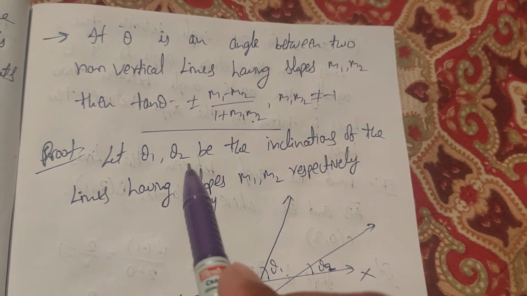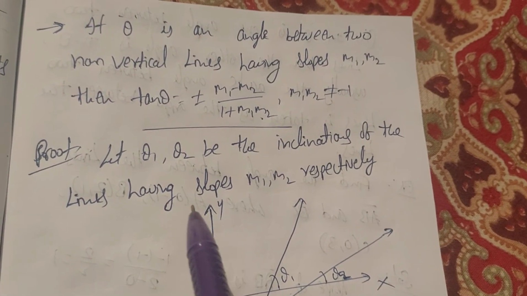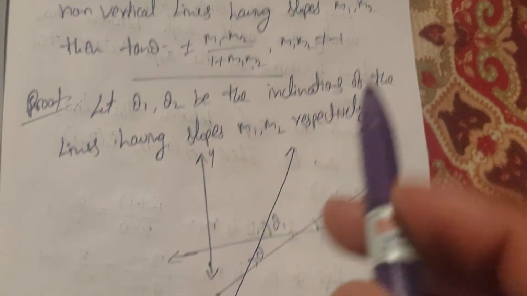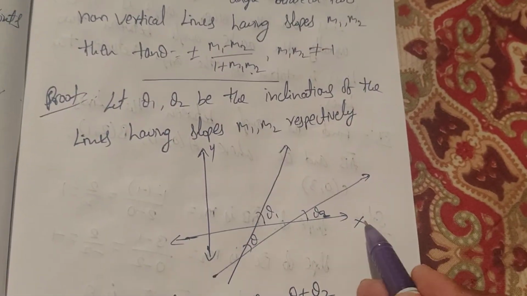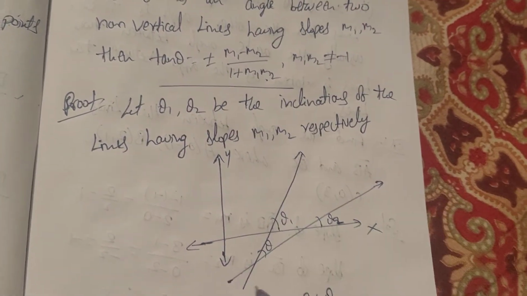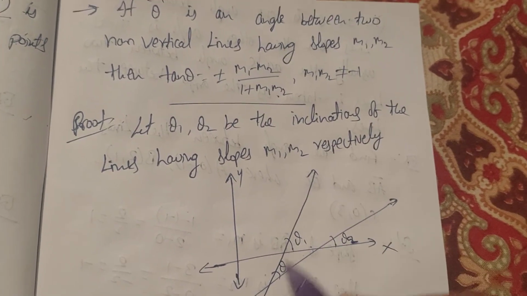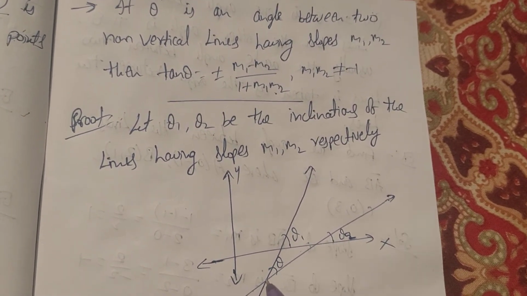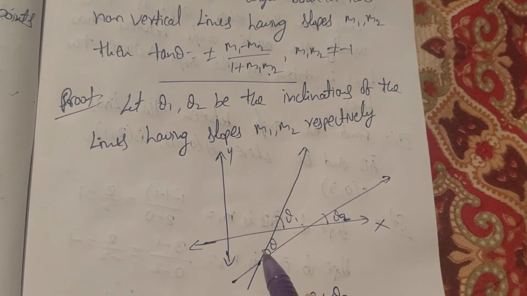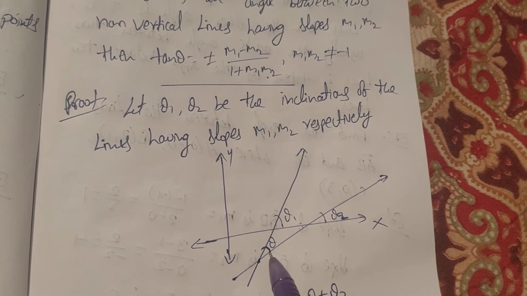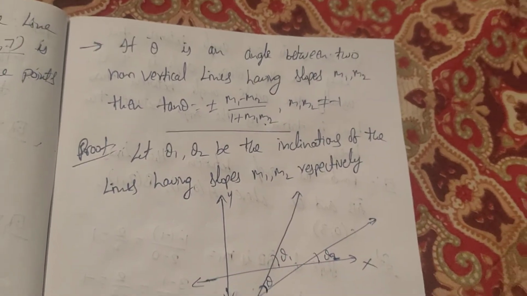If theta 1 and theta 2 are the inclinations, the slopes are denoted by m1 and m2. So let us take the coordinate axes, and this is a line and this is one more line. These two lines intersect at this point, wherever it may be. Let us consider the angle between these two lines to be some theta.